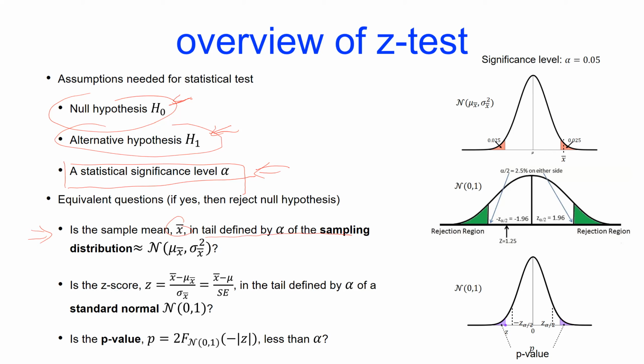Because once you say alpha equals, let's say, 0.05, you indicate the rejection area size, right? Then you can check whether your X bar falls into that rejection region or not.